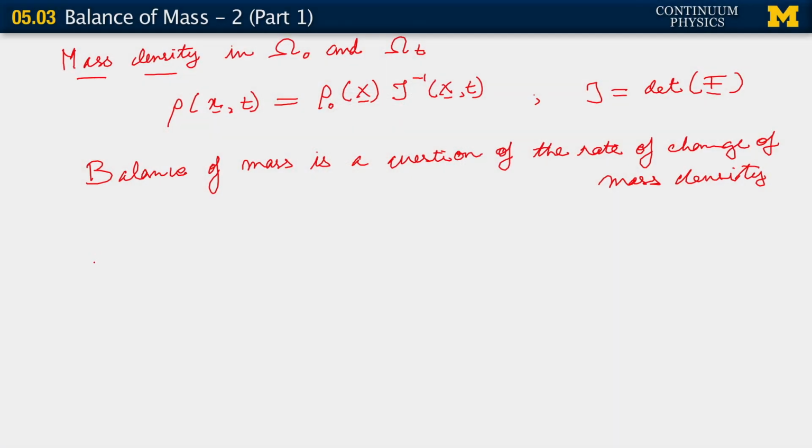So let's ask this question first in omega naught. If you're going to talk about things in omega naught, we use something that's parametrized with respect to position in omega naught. And so the question we are asking is, what is this quantity?